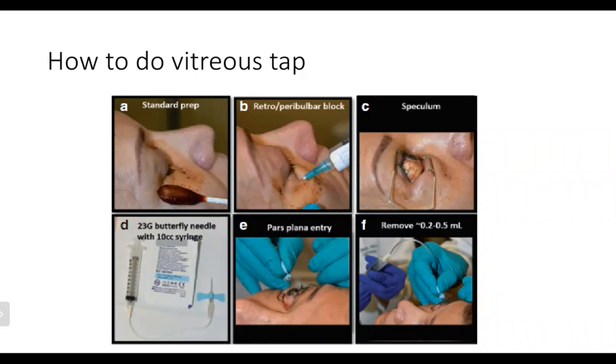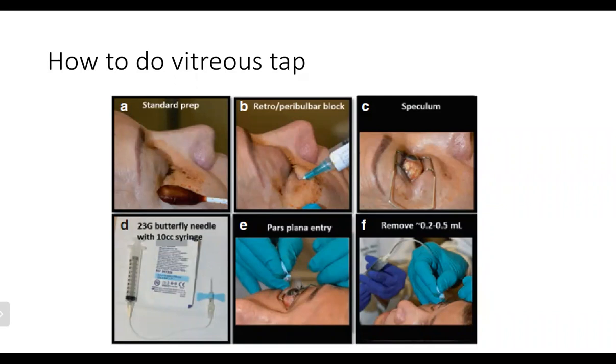Then for the anesthesia, you can give a retrobulbar block, peribulbar block, subtenon block, or even topical anesthesia may be used. And then you use a lid speculum for good exposure. And then you use a 23 gauge needle.